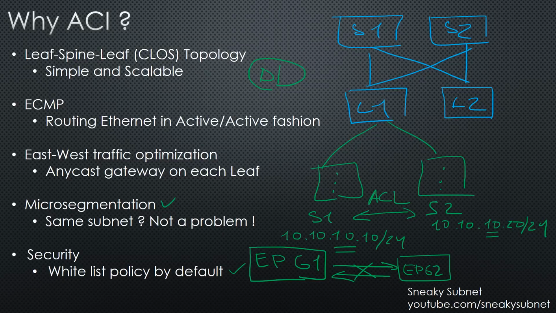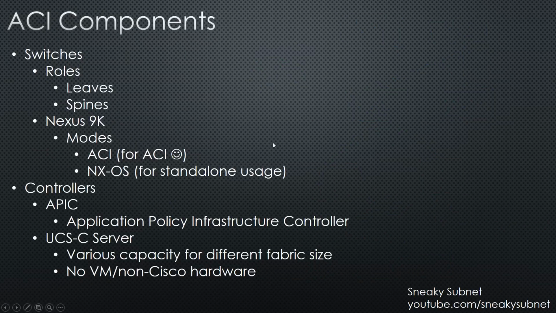Next, let's discuss ACI physical components. ACI consists of two main components: switches and controllers. What about switches? ACI uses Nexus 9K switches, 9K series.